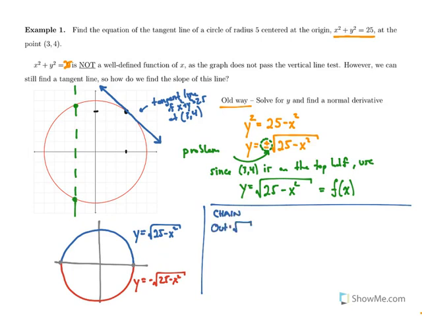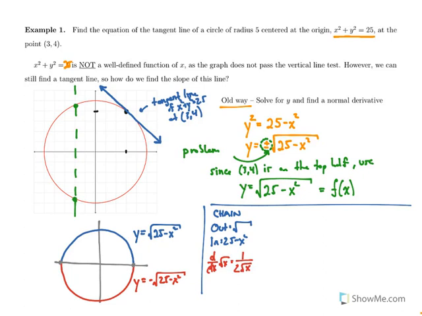Outside function is square root of something. Inside is 25 minus x squared. The derivative of square root of something is going to be 1 over 2 square root of something.